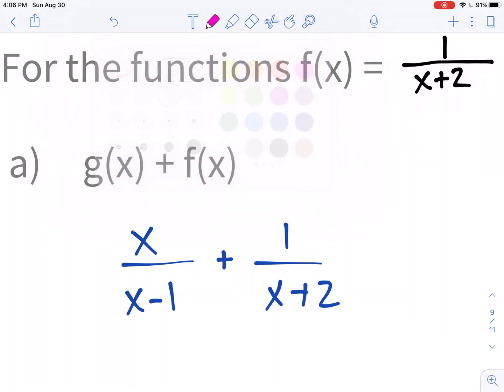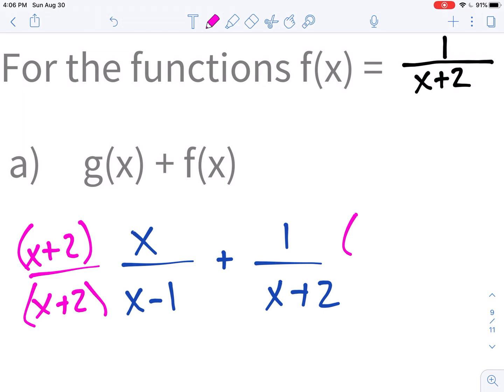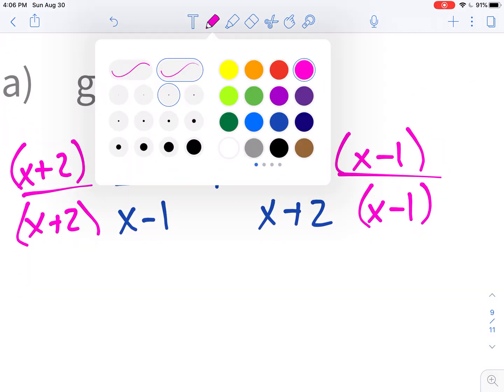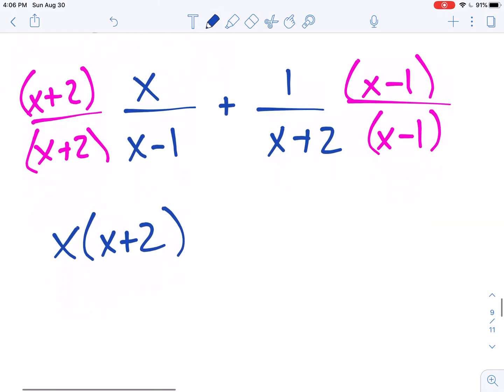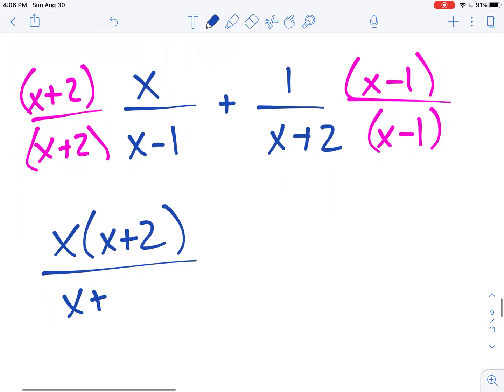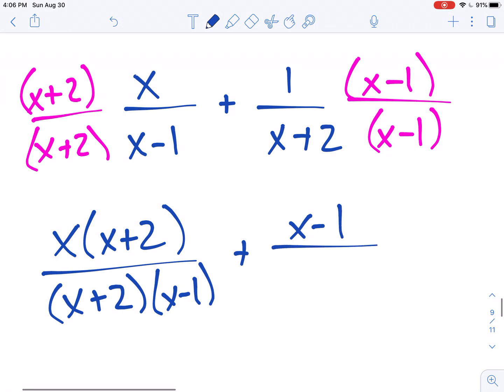So I still need a common denominator, so I'm going to multiply by x plus 2 over x plus 2, just like I'll have to do x minus 1 over x minus 1. I get x times x plus 2 over x plus 2 times x minus 1, plus x minus 1 over x plus 2 times x minus 1.